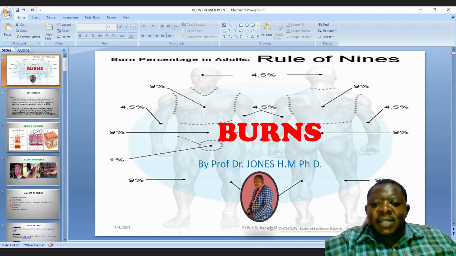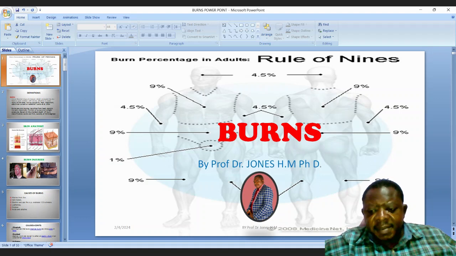So, those are the specific objectives of this lesson to do with burns.